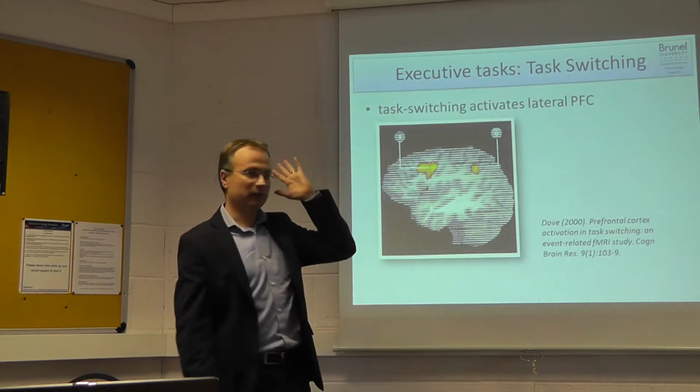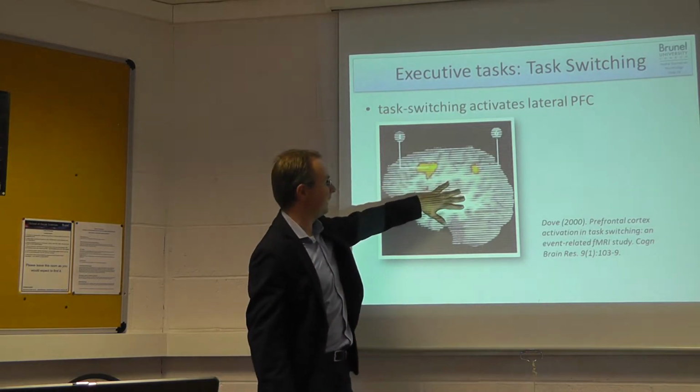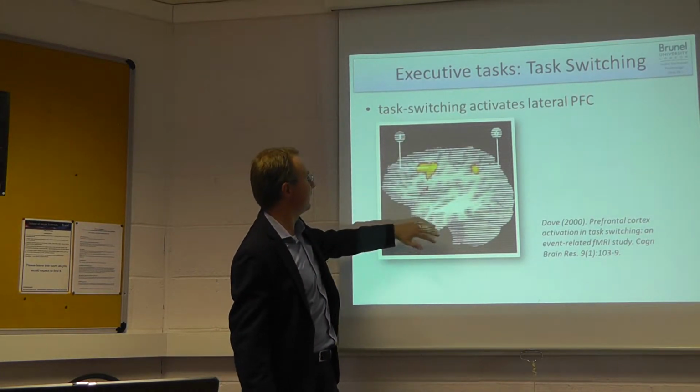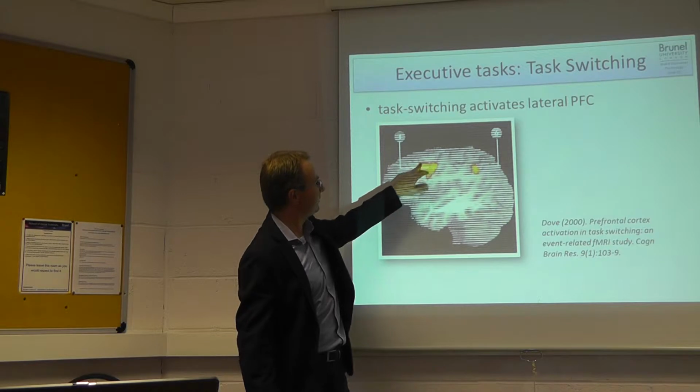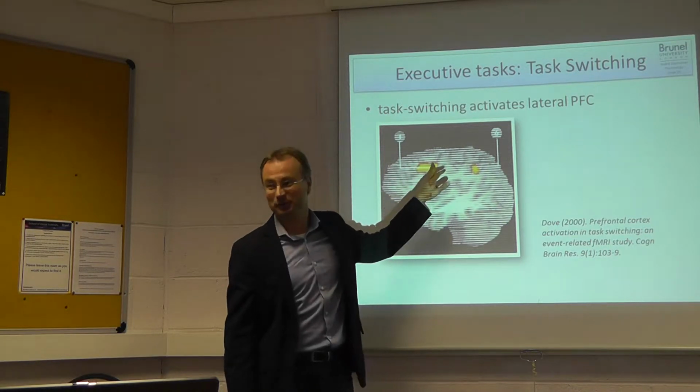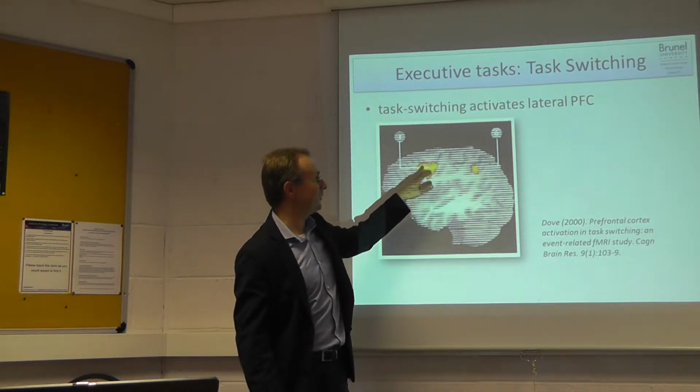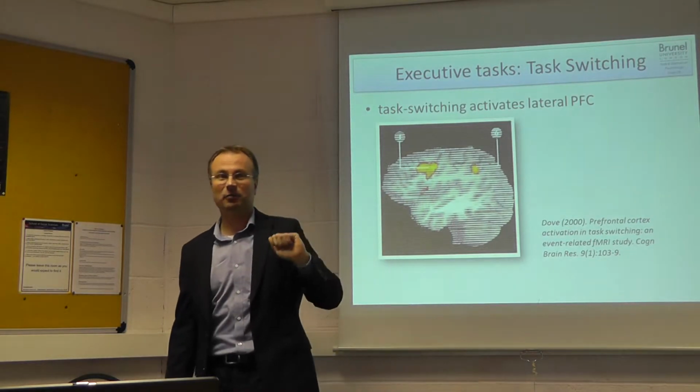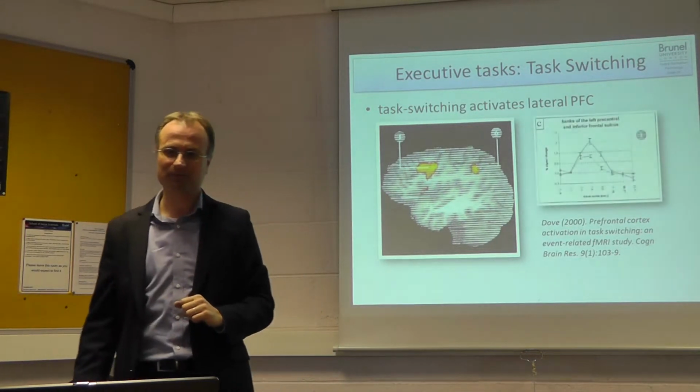This is the lateral view on the brain, a sagittal slice, and you may see or may not see, I will tell you, this is the lateral prefrontal cortex, activated stronger in switch trials as compared to repetition trials.